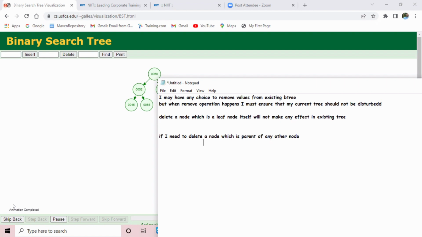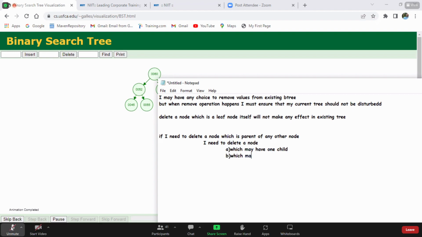In other words, I need to delete a node which may have one child, or which may have two children. These are the two possibilities.